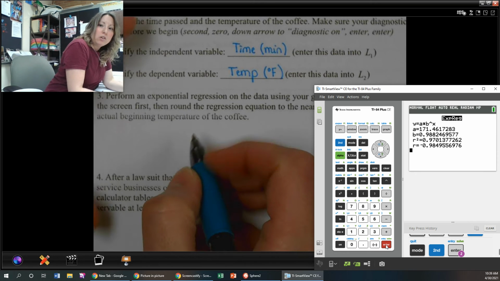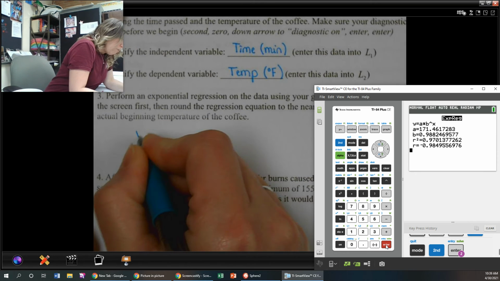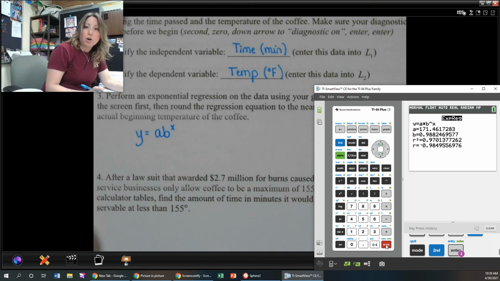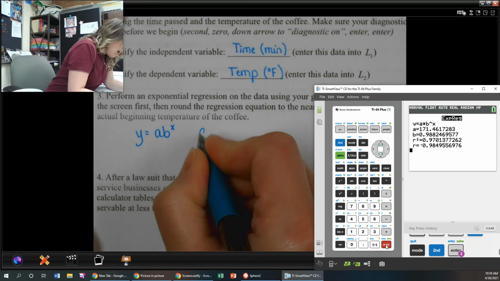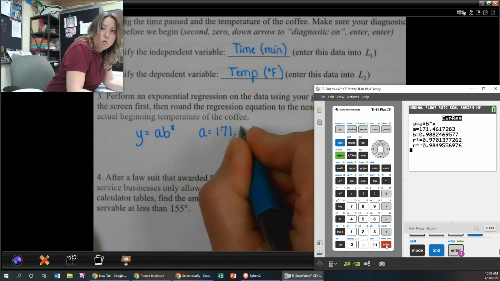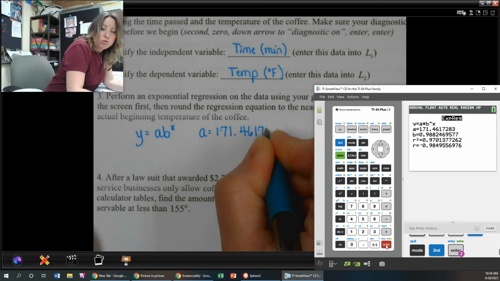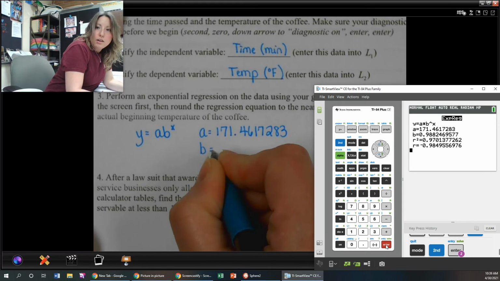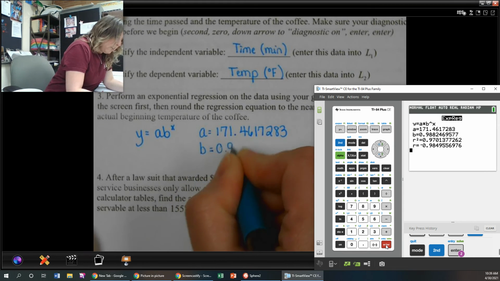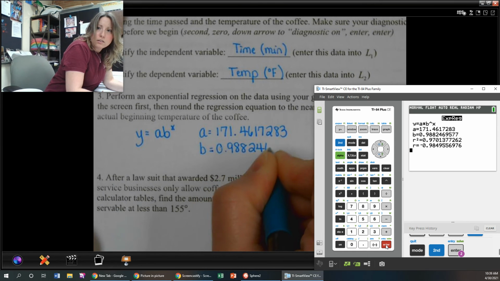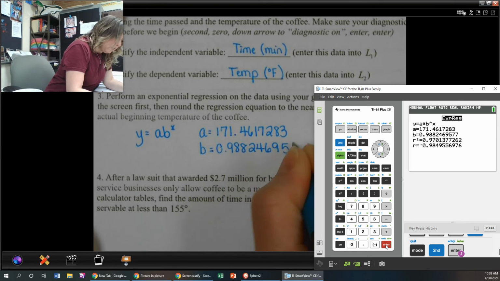So we know that we have Y equals A times B to the X power, where A, our initial value, is 171.4617283. Our B value is 0.9882469577.